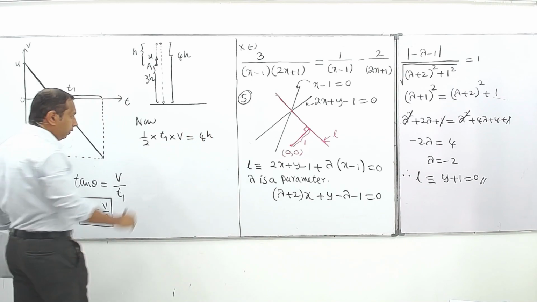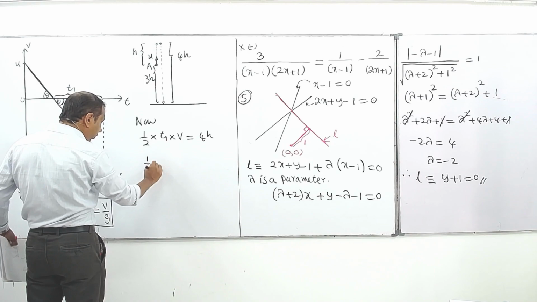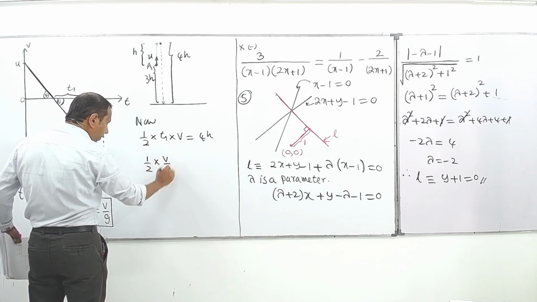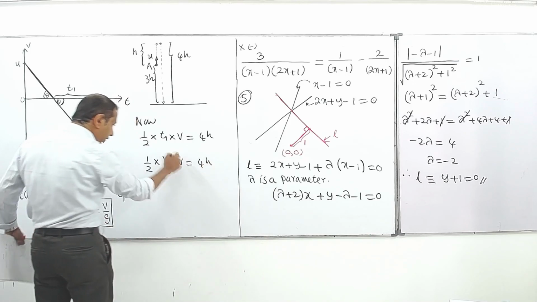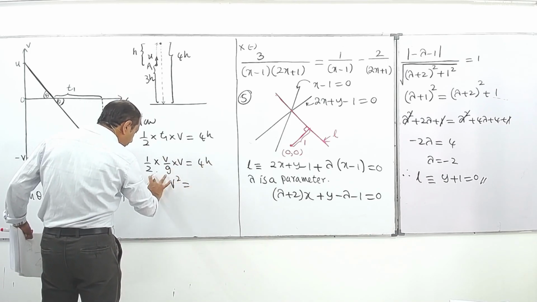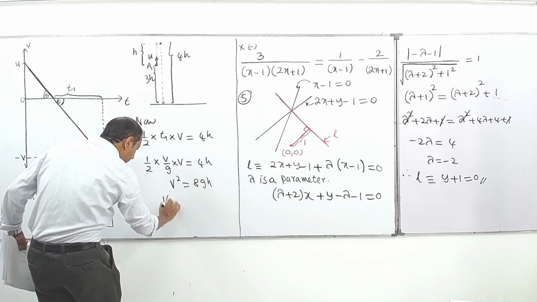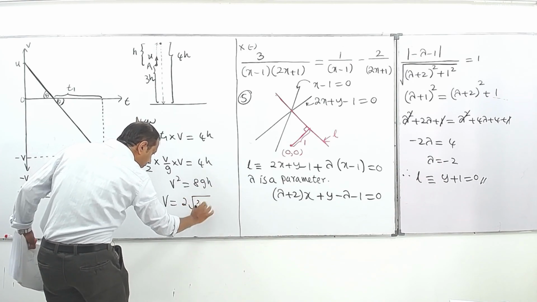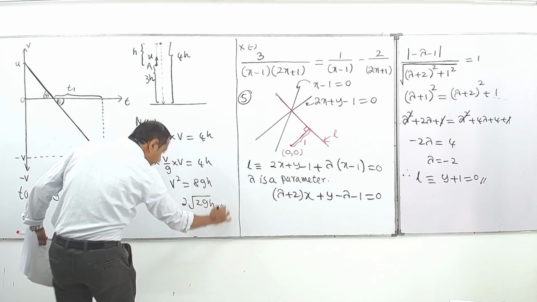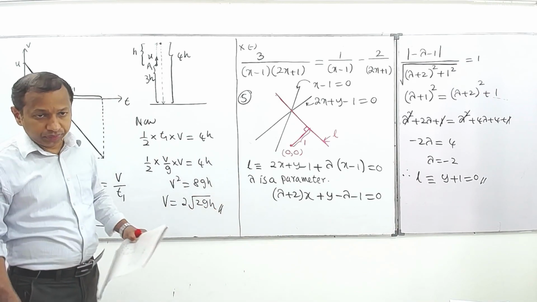Then t1 is v over g, so half v over g into v equals 4h. Then here we get v squared equals 8gh. Take v: root of 8 is 2 root 2. This way we get this velocity, right? This is how we take that answer.